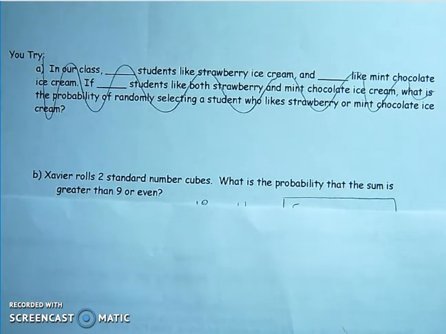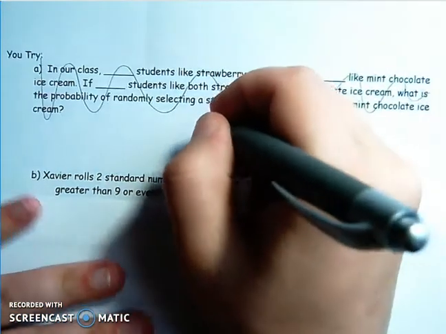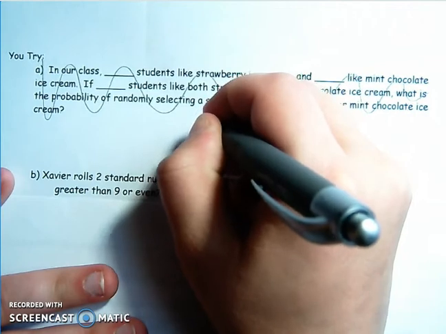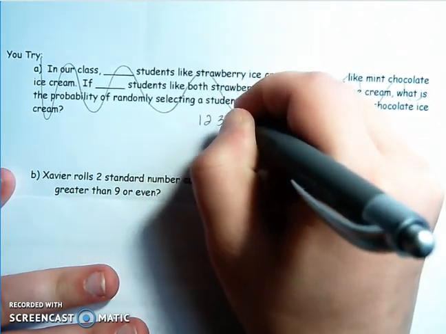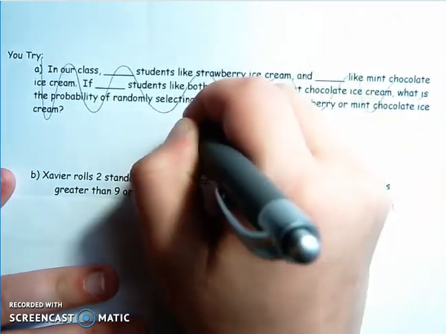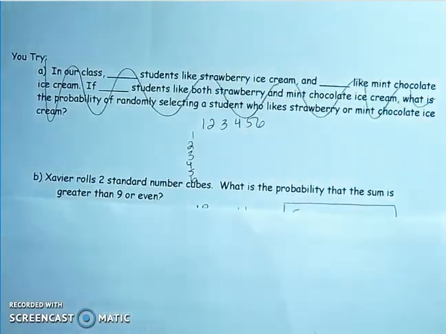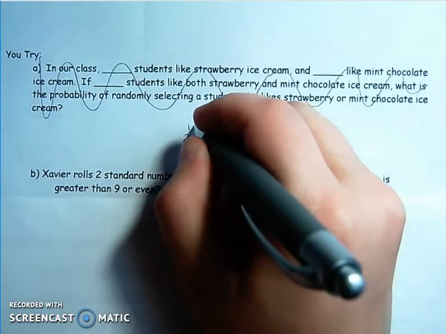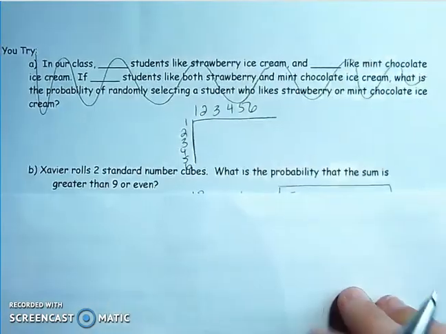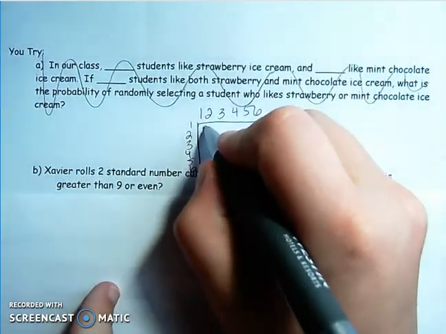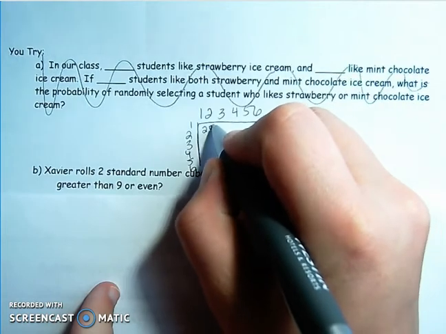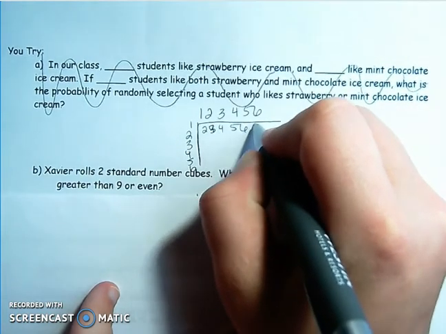So you need to know the sums of a number cube because this has come up more than once. If it helps you to list them out, you have the numbers 1 through 6 that you can get on a number cube. So this little box is going to represent all my possible sums. That would be 2, 3, 4, 5, 6, 7.